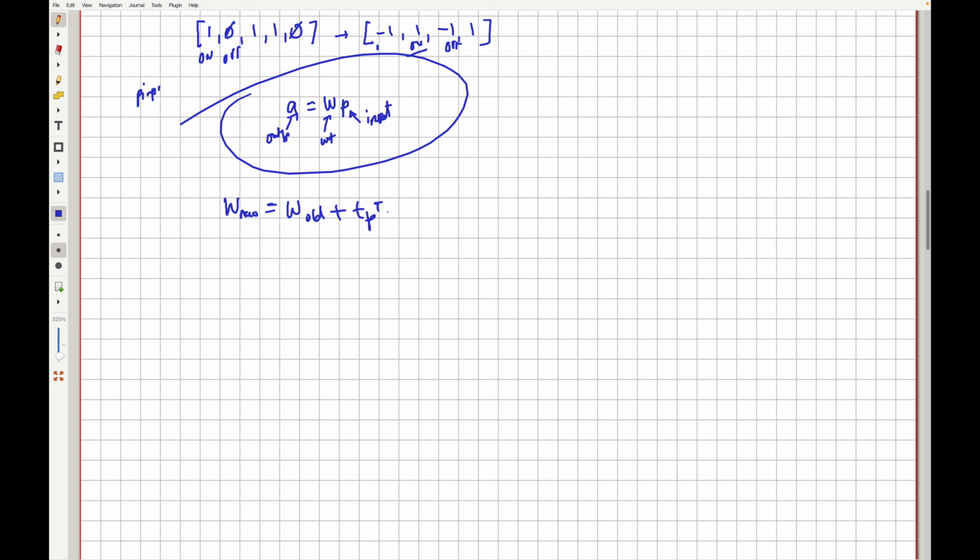So we take the target vector, we take the input vector, and we perform an outer product of this. It creates a matrix that is of the same shape as the W matrix, and then we add it to the weight matrix to get the new W matrix.